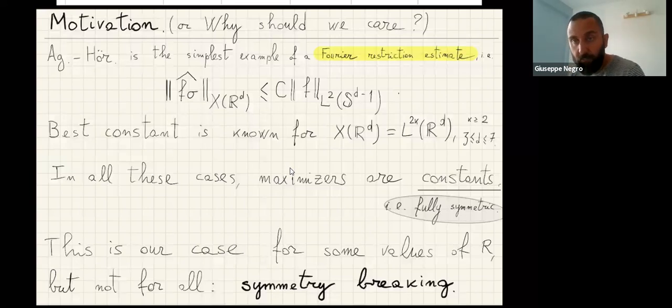Why should we care? Why do I find this interesting? And now I can play with my cards fully on the table. This Agmon-Mandel thing is an important result in PDEs, but that's not the reason why I got interested in it.